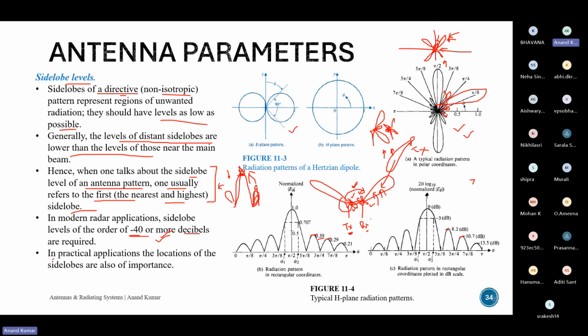Okay, so the last point I was saying is that in practical applications, the locations of the side lobes are also of importance. There could be a case in which you have your main beam over here, and then you have a side lobe level. You were told that you want it below minus 40 dB, but you still have side lobe levels which are greater than minus 40 dB, but they are in a direction which is not relevant.